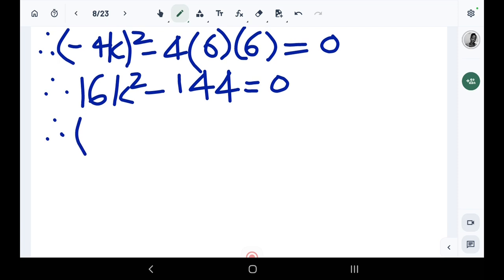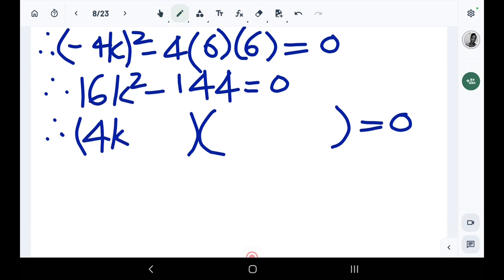So we go 2 pairs of brackets, then you put the square root of the first term, which is the square root of 16 is 4. The square root of k squared is k, so that's 4k. You put that on the first terms of each bracket. Now on the second terms, you put the square root of the second term, which is 12 in this case.